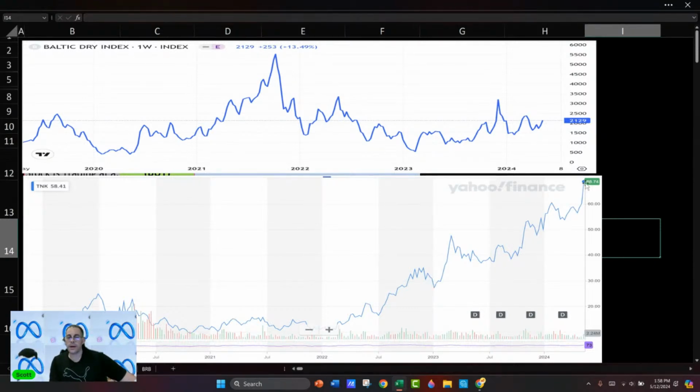They really shot up from January 2023 to current. It's up like 120%. The Baltic Dry Index also did well, but it's come down. This stock hasn't come down, but there's usually a lag. But this totally doesn't match at all.